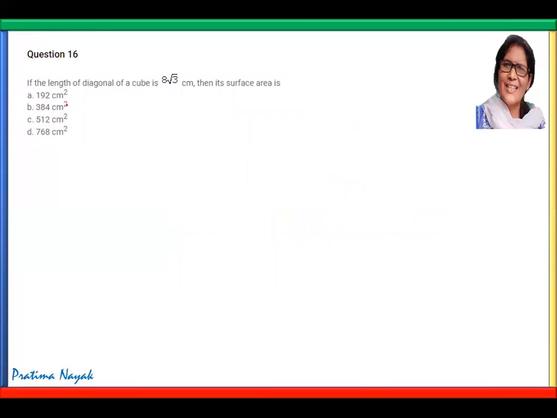Question number 16. 16 is opposite of that. The length of the diagonal is given here. D is given. And then surface area will be 192, 384, 512, 768. So diagonal is given. You know the formula, diagonal is equal to side multiplied by root 3.